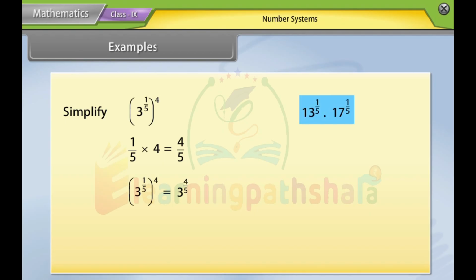Now look at the second example. 13 raised to the power 1 by 5 multiplied by 17 raised to the power 1 by 5 is equal to 13 multiplied by 17, whole raised to the power 1 by 5, which is equal to 221 raised to the power 1 by 5.